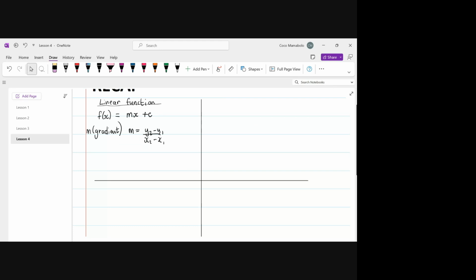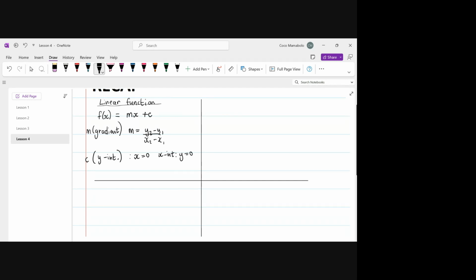Our C is our y-intercept. Whenever we find the y-intercept, we need to make x equal to 0. Same thing if we're looking for our x-intercept, we need to make y equal to 0.